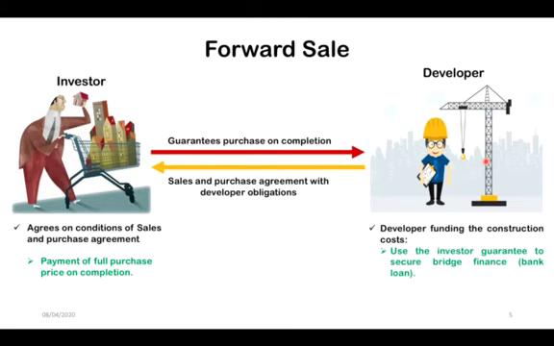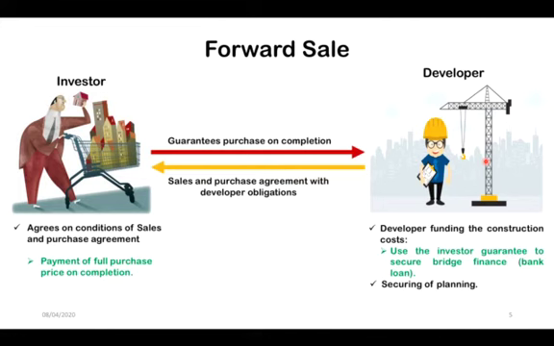We also have to secure planning permit, and of course, when it comes to the developer funding the construction cost, the developer would, in this case, use the guarantee provided by the investor to secure bridge finance from another financial institution. And of course, would also have to secure the planning permissions to be able to undertake the project.